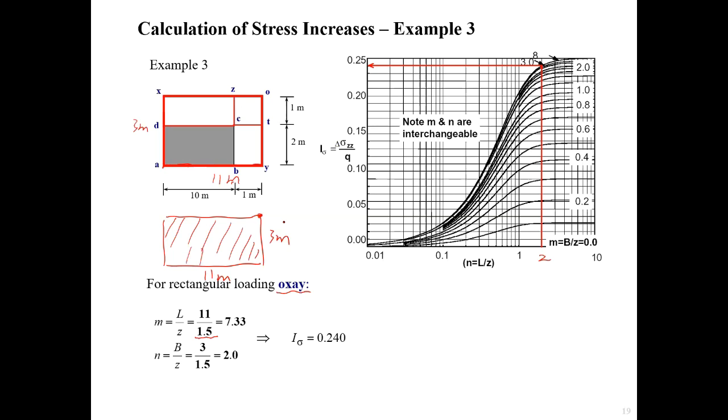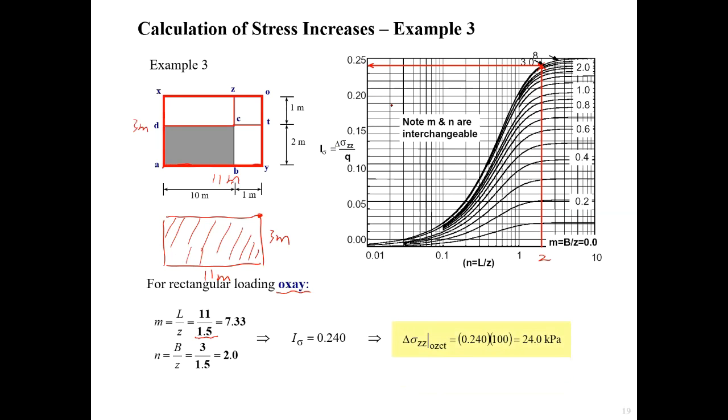So this time N is 2, right? And we take N as 2. And for M, you see, M equal to 8 is labeled here, and M equal to 3 is labeled here. So obviously 7.33 is in quite a narrow area. We can find the intersection point somewhere here, and you draw the horizontal line, which gives you N sigma, so that will be 0.24.